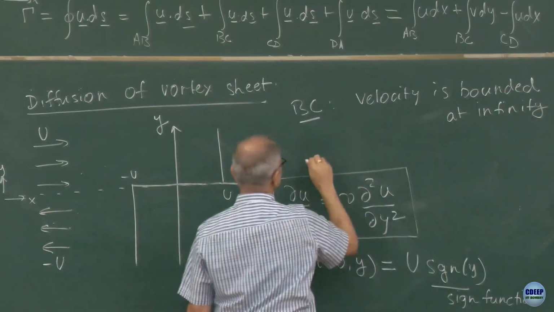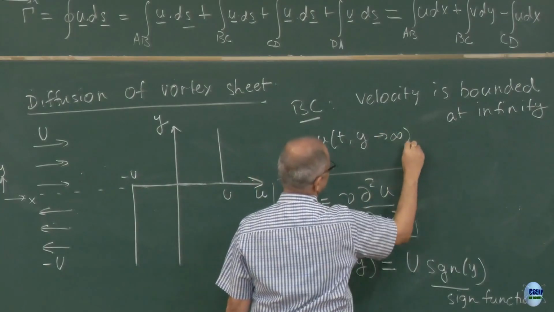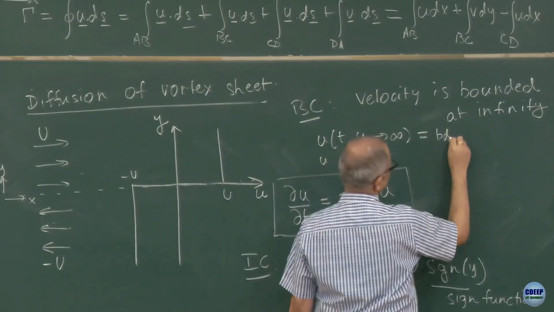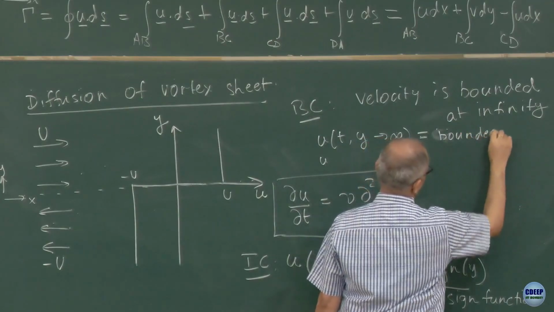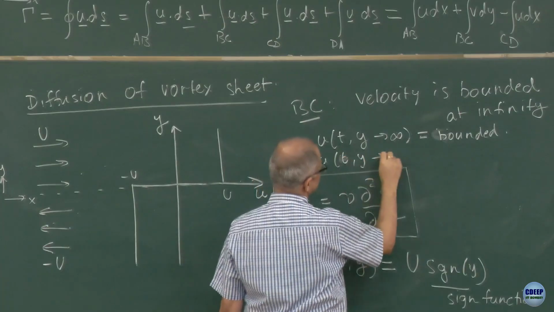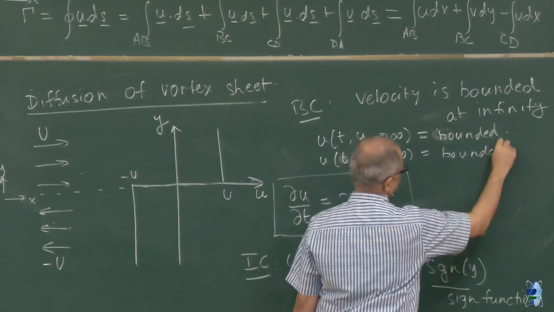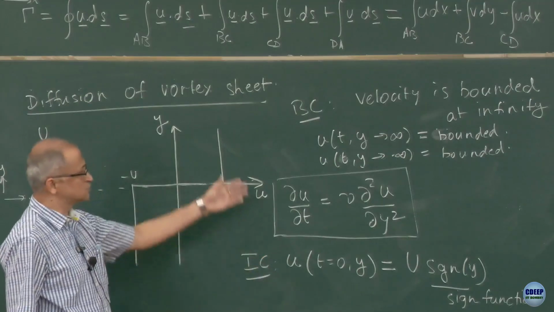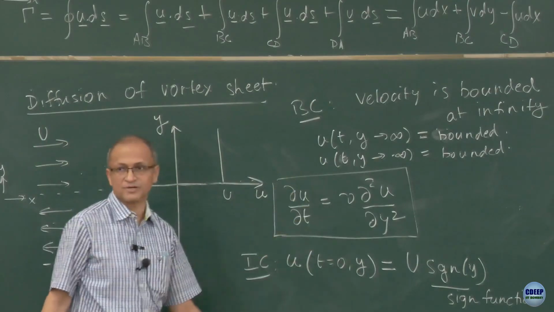So u at all times, for y tending to plus infinity, is bounded. And similarly, for y tending to minus infinity, again it is bounded. As we know, this equation needs one initial condition and two boundary conditions for its complete solution, and these are the boundary conditions that one can prescribe.